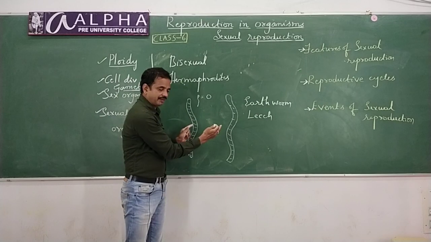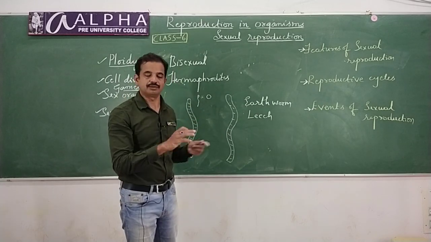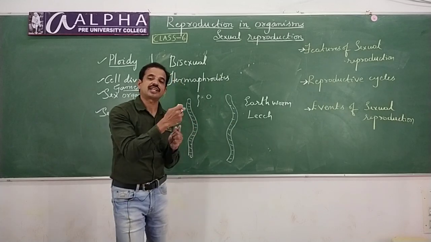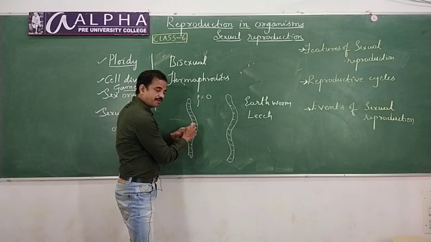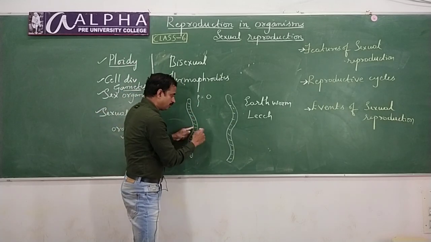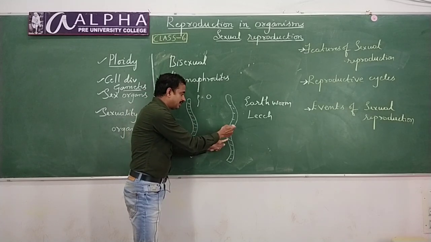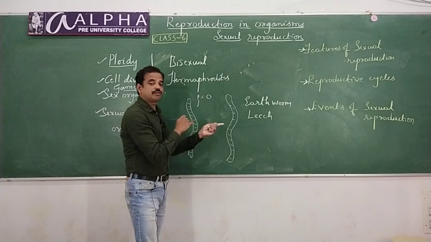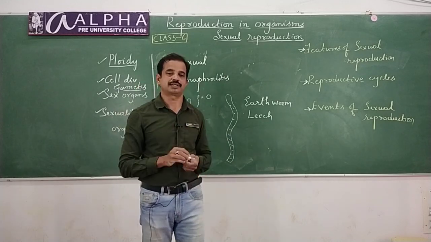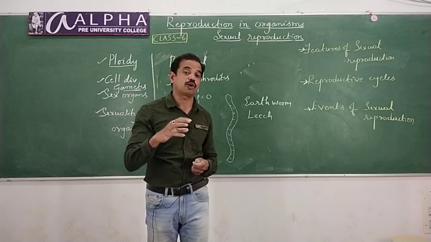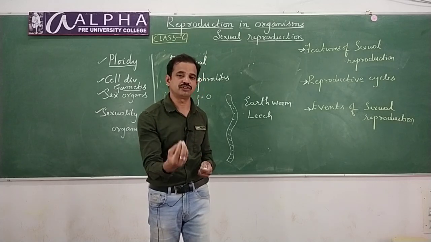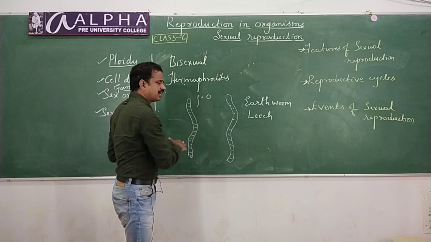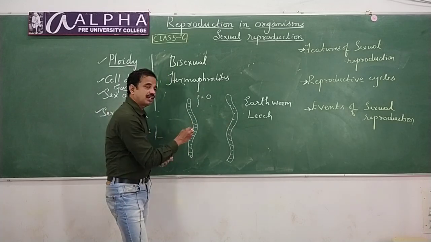Though they have the ability to produce both types of gametes, still they sexually interact with each other. A sperm from the body of this earthworm will be transferred to here, and the sperm from the body of this earthworm is transferred to here, so that exchange of gametes usually takes place. We call this cross fertilization. The process of fusion of sperm and ova we call fertilization. Here cross fertilization is taking place, though they are hermaphrodites.